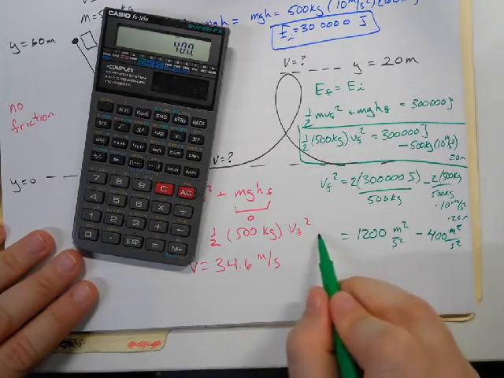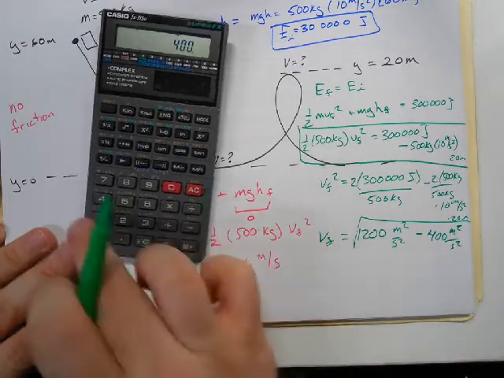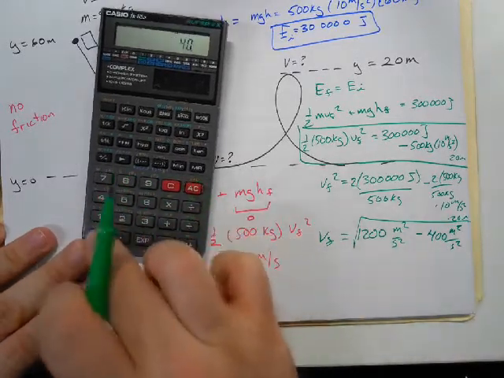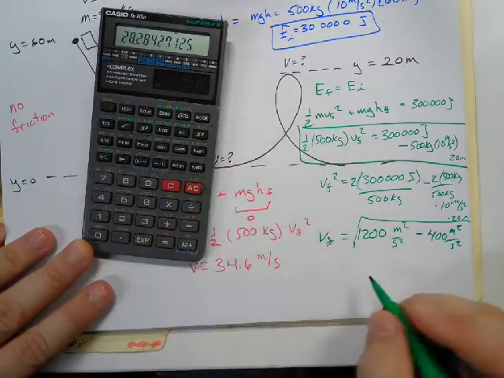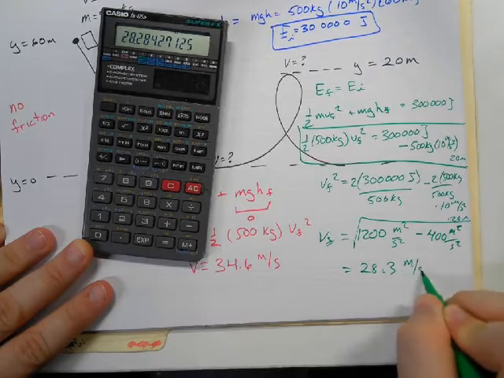And so V final is the square root of this, which is 28.3 meters per second.